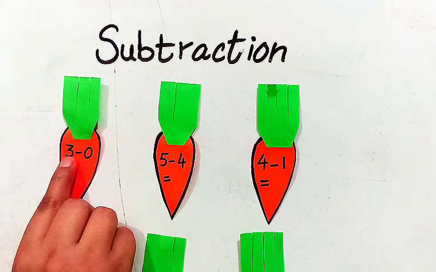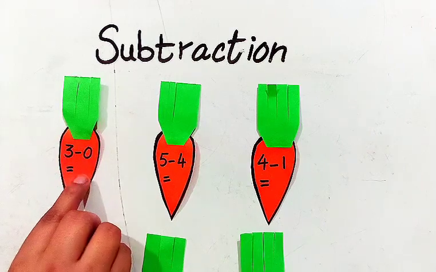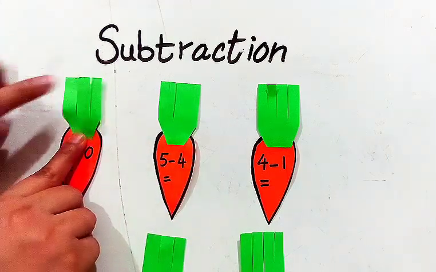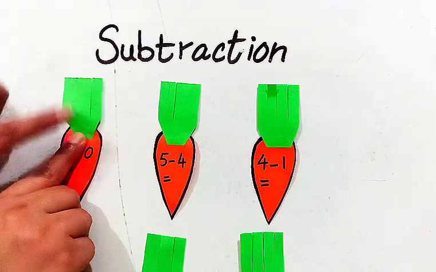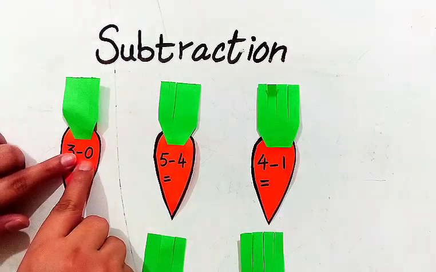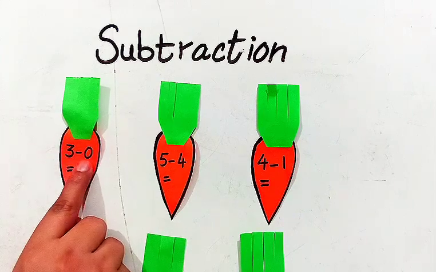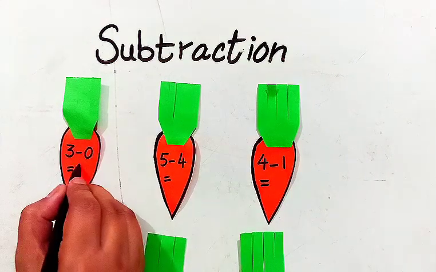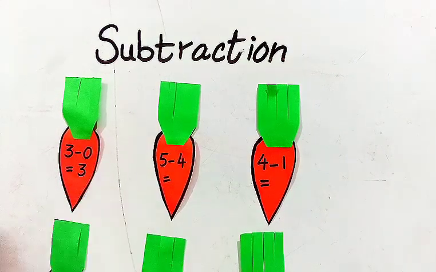Well, we have 3 minus 0. Now count with me. We have 1, 2 and 3. As we all know that 0 has no value, so we will write the answer 3 as it is.